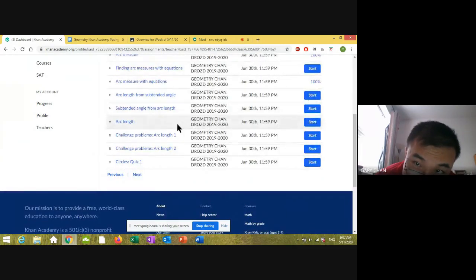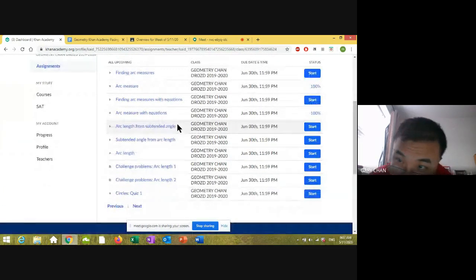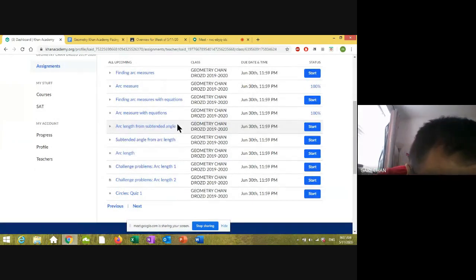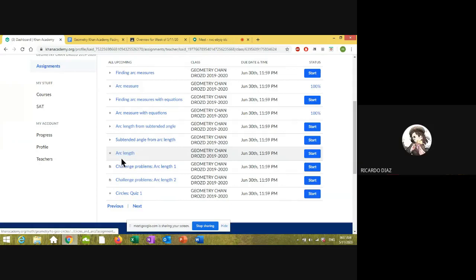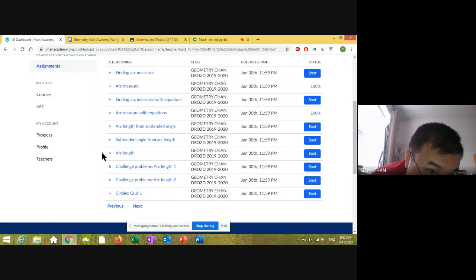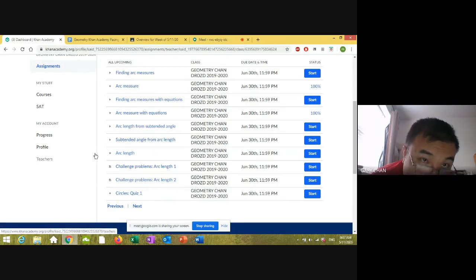So I am over here. If you don't have your Khan Academy window opened up yet, please do so. And we are going to be working on this item over here, which says arc length. So I'm going to give everyone here a second to just catch up, and let me know when you are ready.